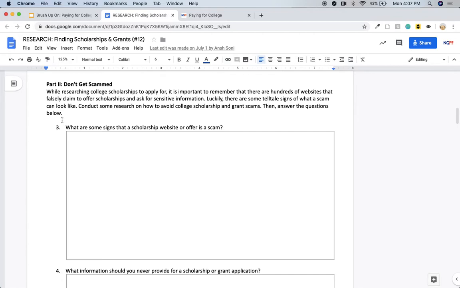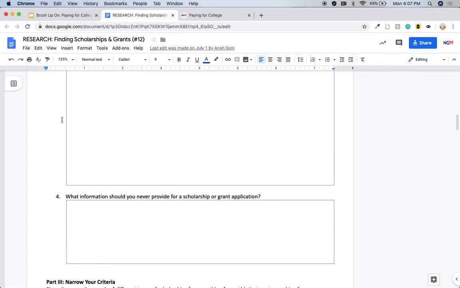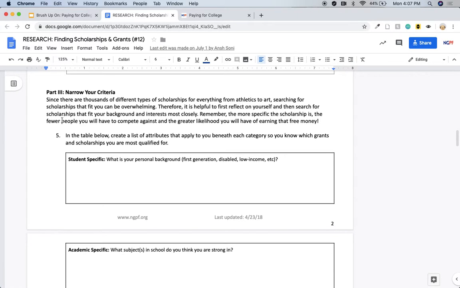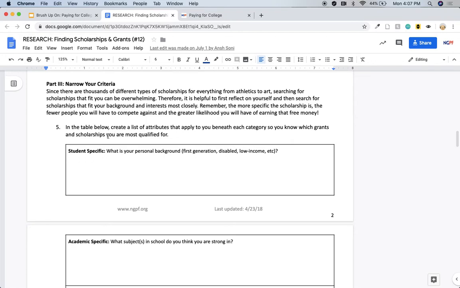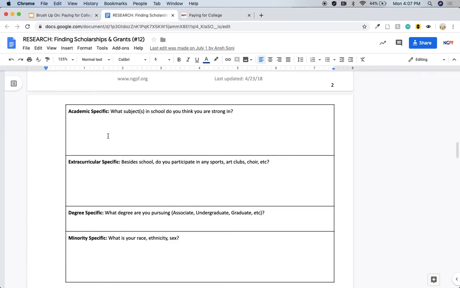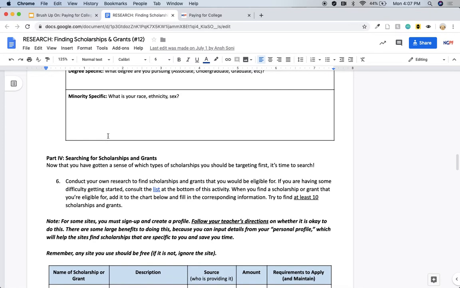So it's really important that students know what some signs of a scholarship scam are. So they spend some time here looking into that. Then they actually take some time to narrow down their own criteria. So they think about what their personal background is, maybe what academic area they're thinking of pursuing, any extracurriculars that they currently do, etc.